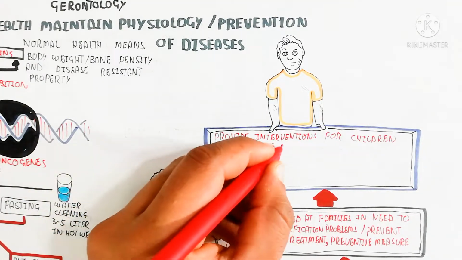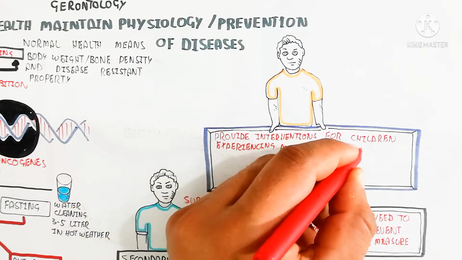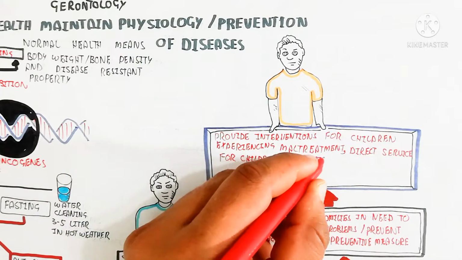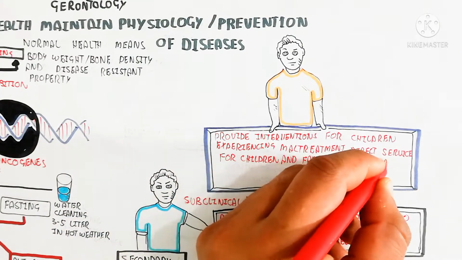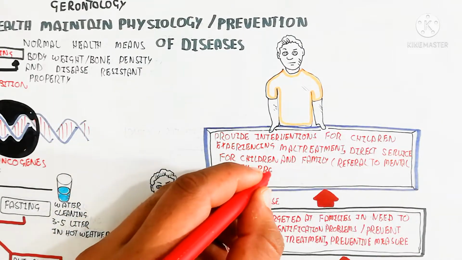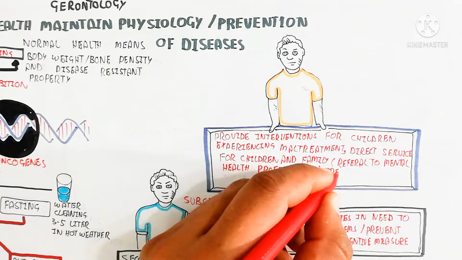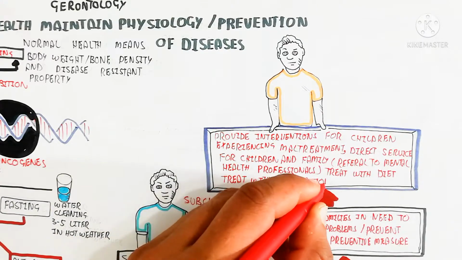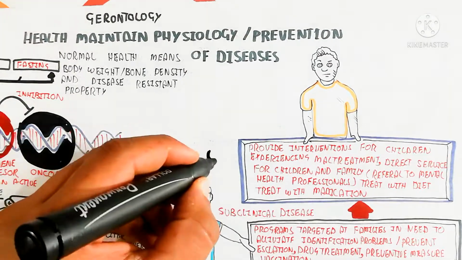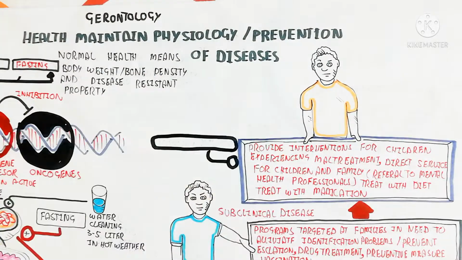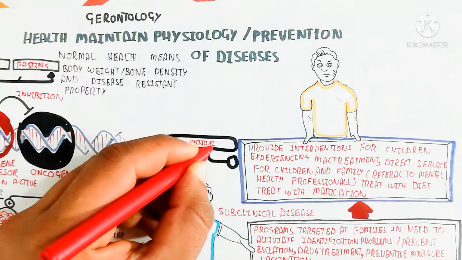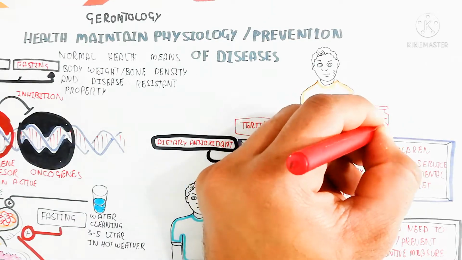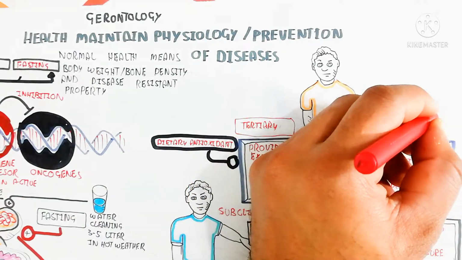They provide intervention for children experiencing maltreatment, and family referral to mental health professionals, treatment with diet and with medication. That is important, and provide antioxidants. On the other hand, a lot of medication belongs to the tertiary step.